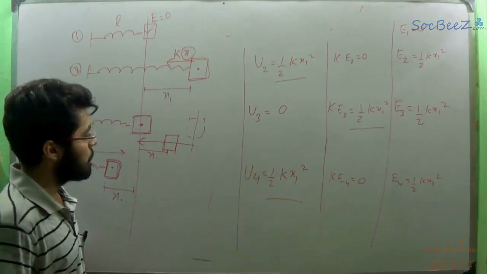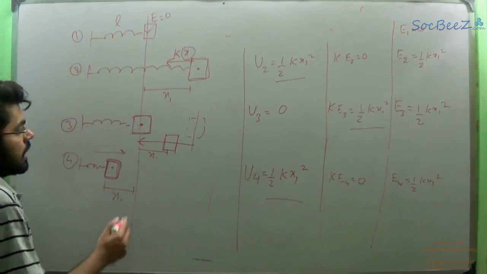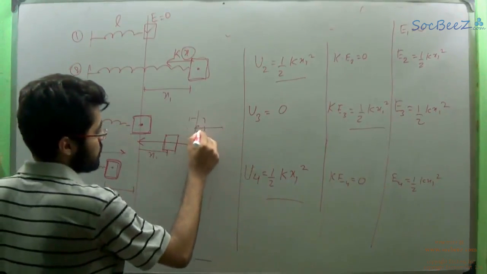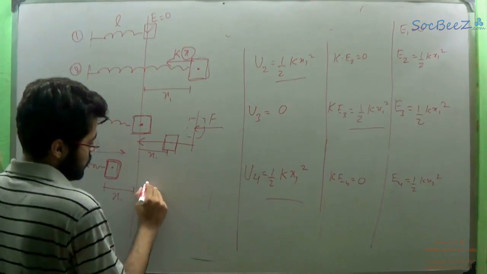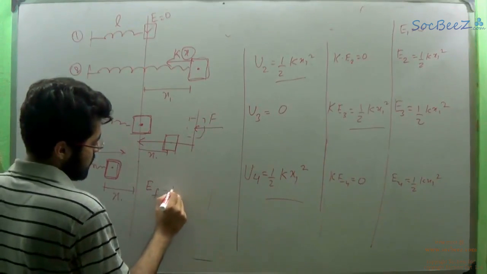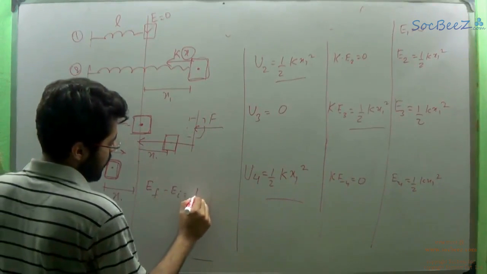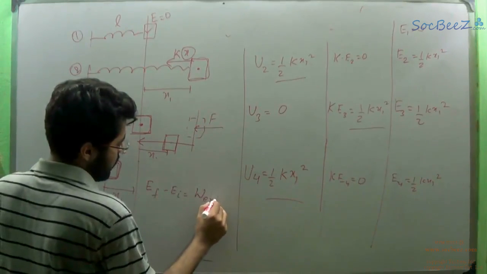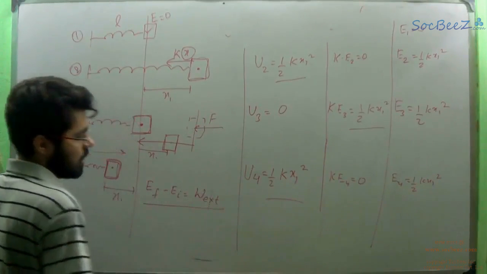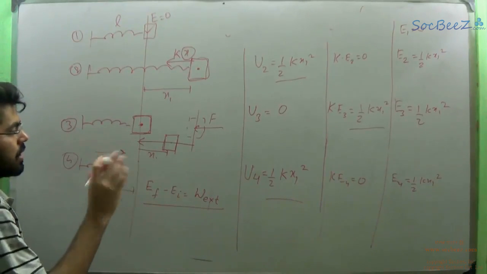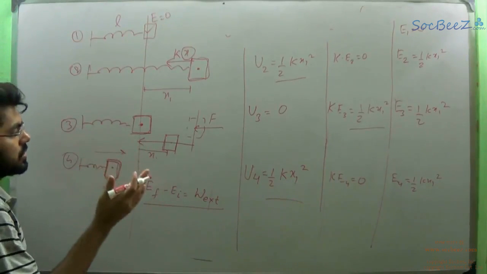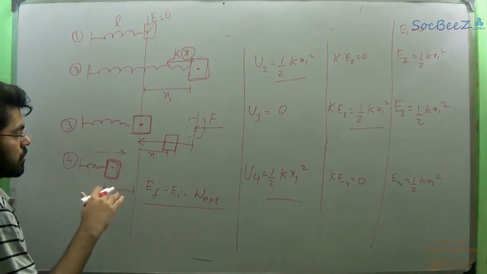What is the basic? Let's suppose there is an external force. In that case, the change in mechanical energy, EF minus EI, will be equal to the work done by that external force. We will not consider the work done by the conservative force, because that work is just changing potential to kinetic, kinetic to potential.